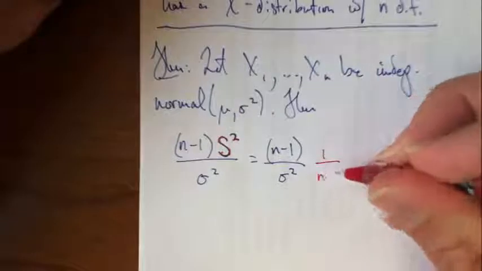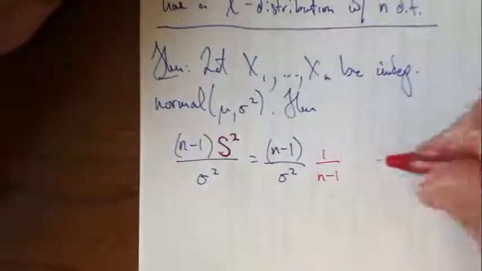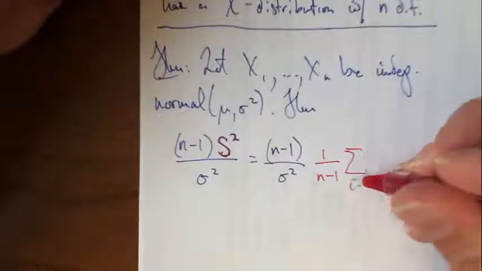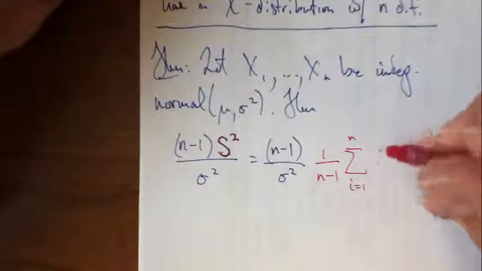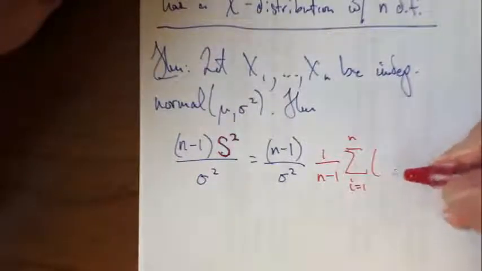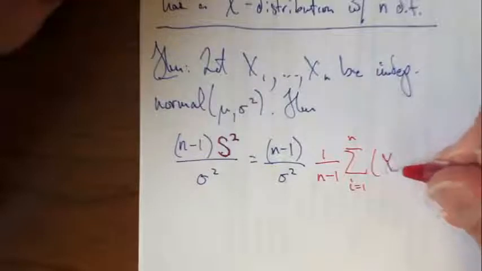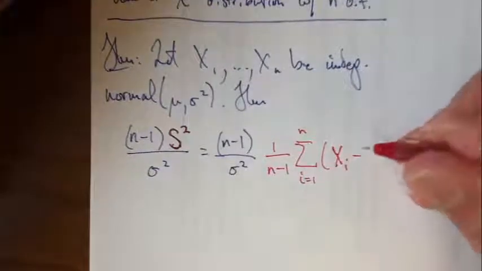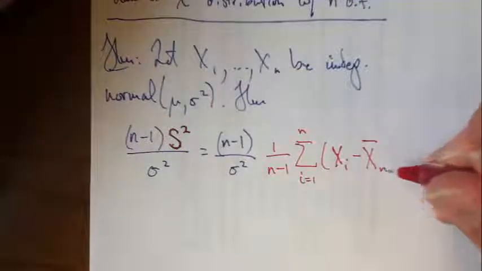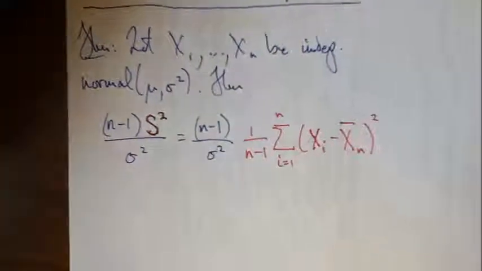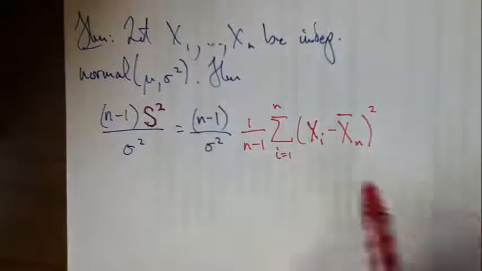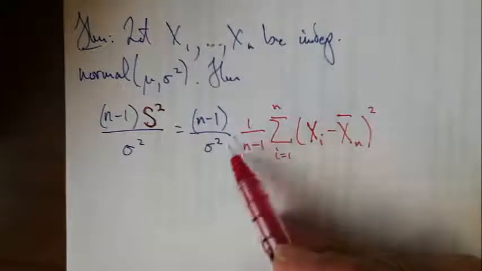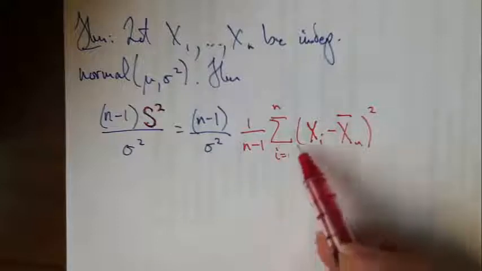I'll just define it here. It's sort of a weighted average of the squared deviations from the mean, or from the sample mean, really, rather. So it's a lot like the equation for the population variance, except for a couple of things.